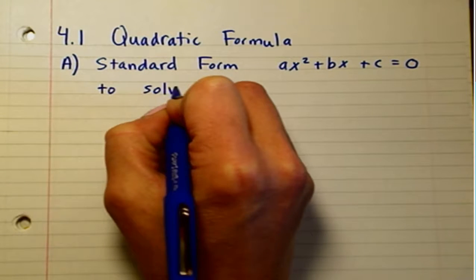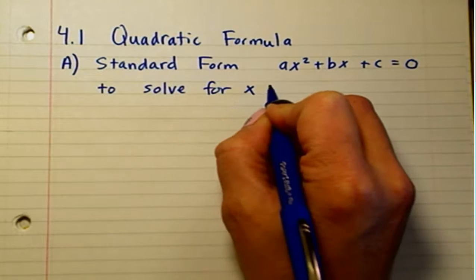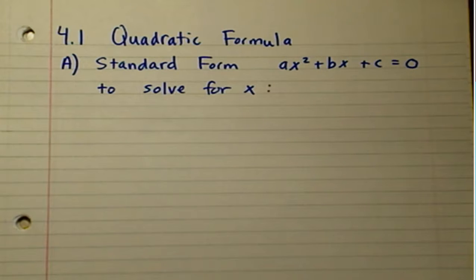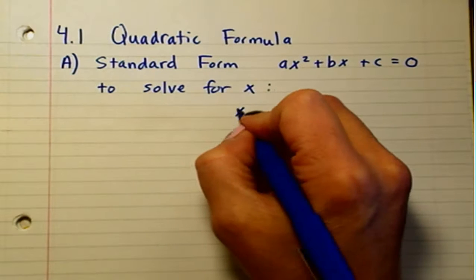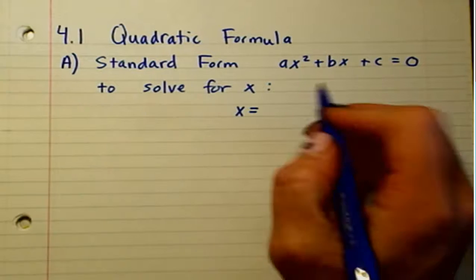To solve for x means that your answer is x equals. That's what it means. Notice that the directions could say factor or solve. Half your questions said factor on the test, half of them said solve. Solving is when you do x equals.